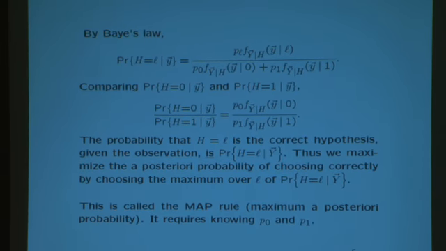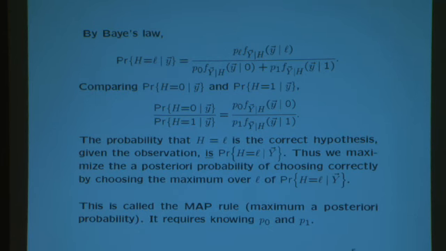So that's P of A given B is equal to P of B given A times P of A divided by P of B. The thing on the bottom is P of B. Okay, I get it. Got it.